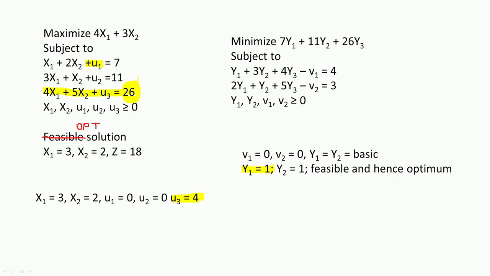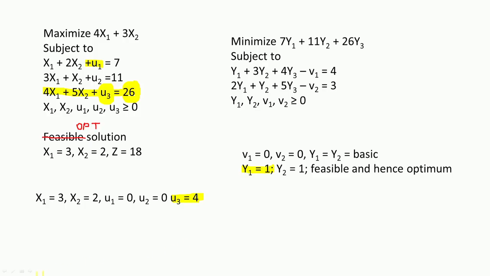So slack variable is in the solution means the resource is not fully utilized. When the slack variable u3 is in the solution, y3 becomes 0. y3 is equal to 0 in this solution.